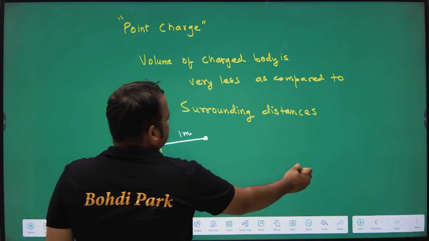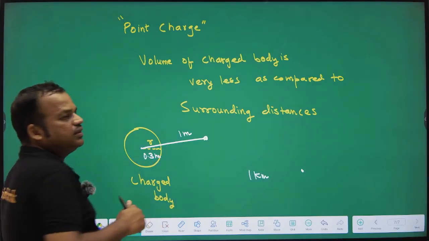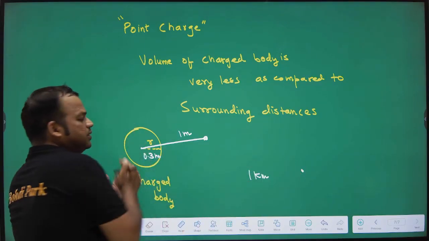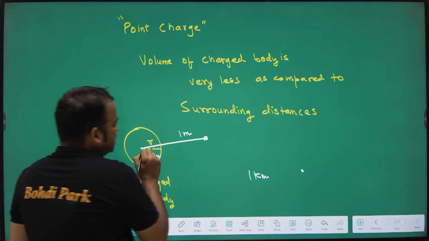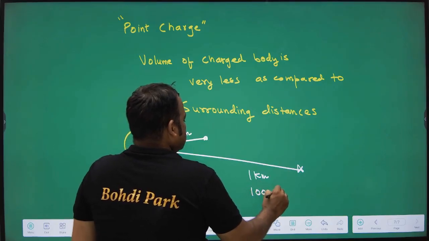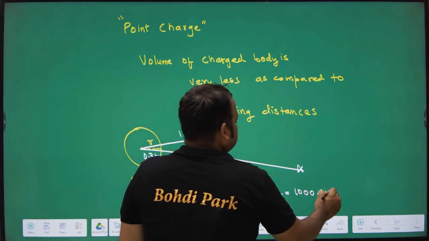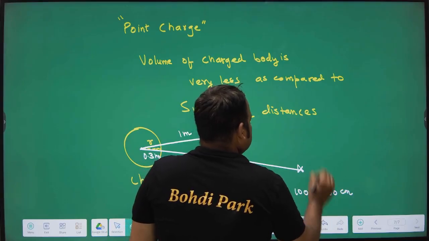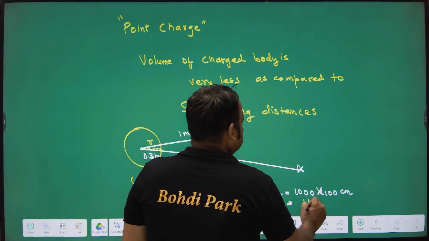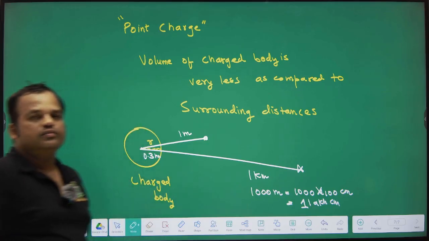What if I say another distance, which is 1 kilometer from this charged body? Then I can consider this as a point charge, because the distance involved is very large. 1 kilometer means 1000 meter, which is 1000 into 100 centimeter. That means 1 lakh centimeter.